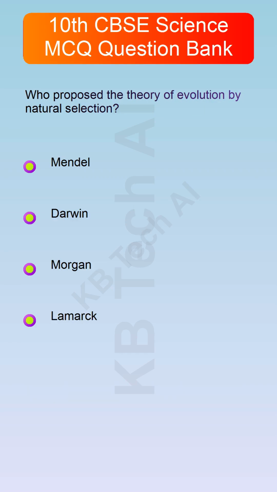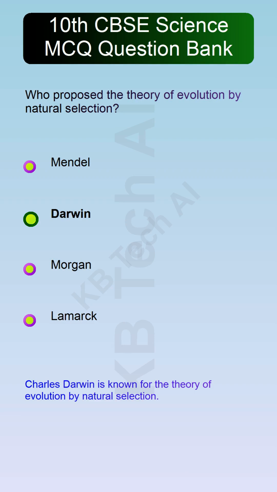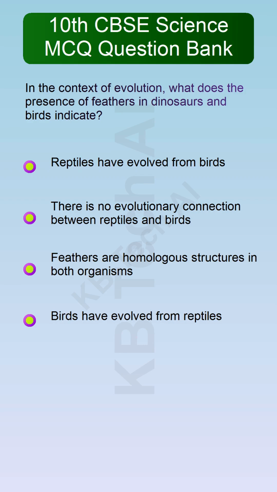Who proposed the theory of evolution by natural selection? Option 1, Mendel, Option 2, Darwin, Option 3, Morgan, Option 4, Lamarck. The answer is, Option 2, Darwin. In the context of evolution, what does the presence of feathers in dinosaurs and birds indicate?